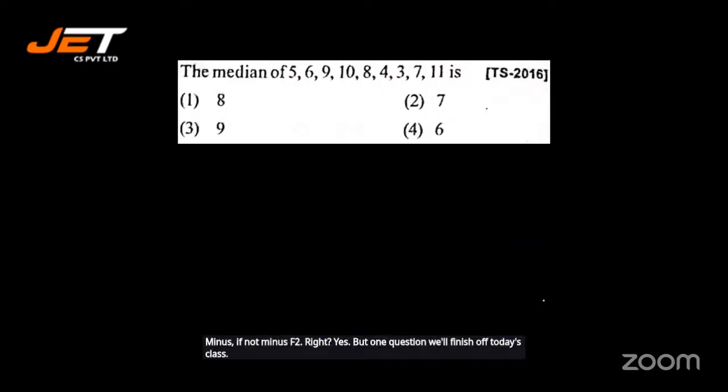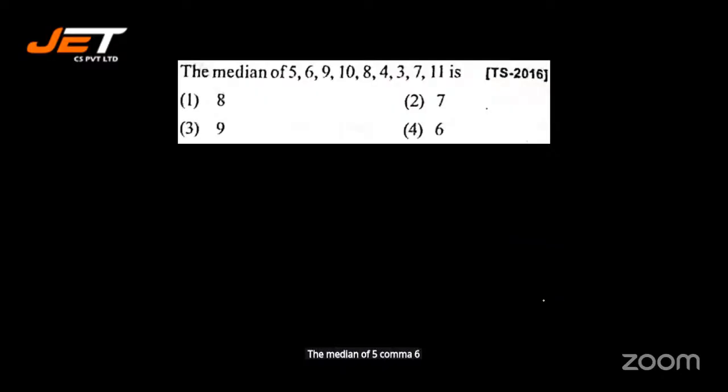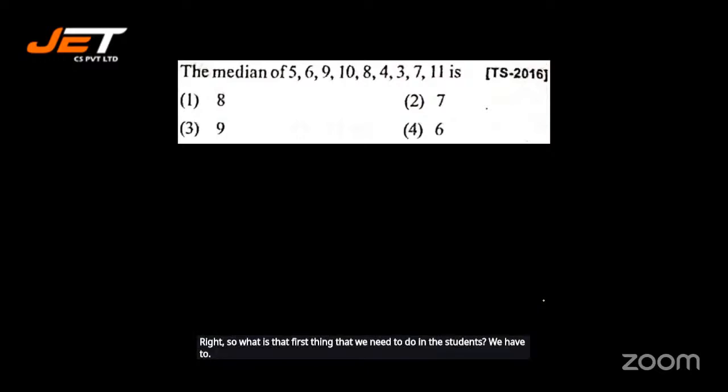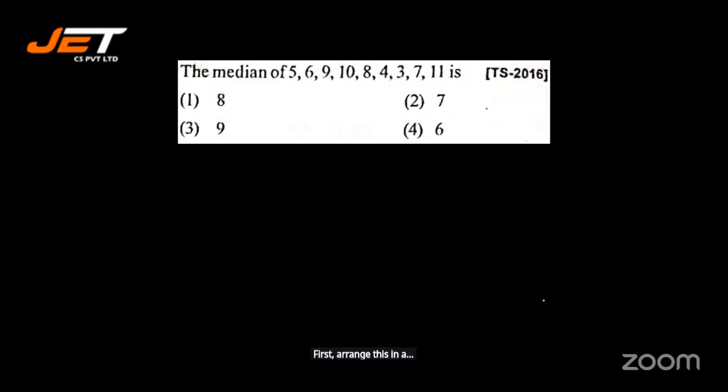The median of 5, 6, 9, 10, 8, 4, 3, 7, 11. Right? So what is the first thing that we need to do, students? We have to first arrange this in ascending order or descending order. Right?